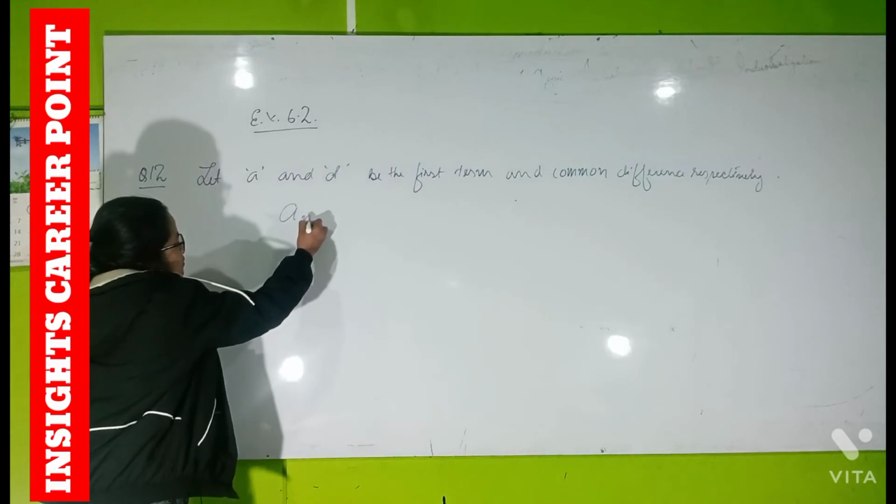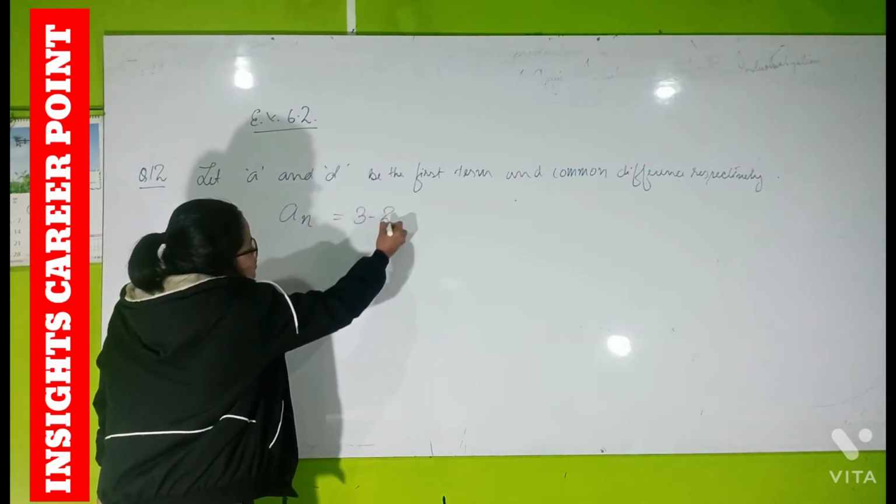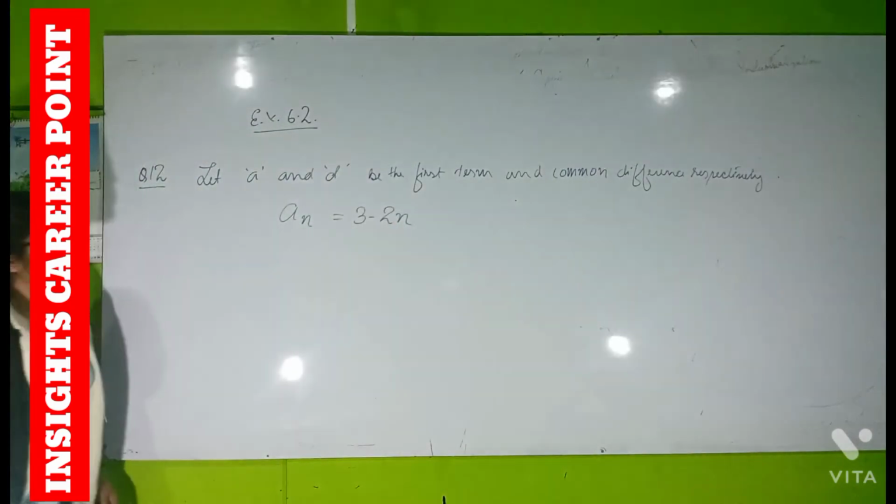They have given the nth term. The value of an is 3 minus 2n.